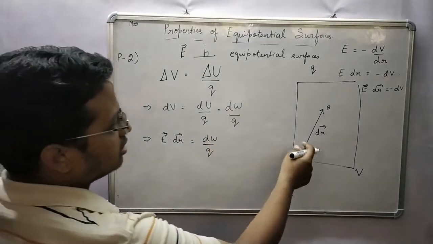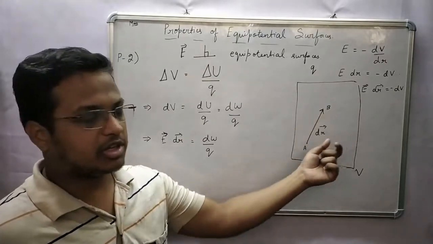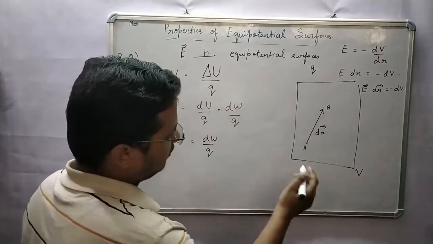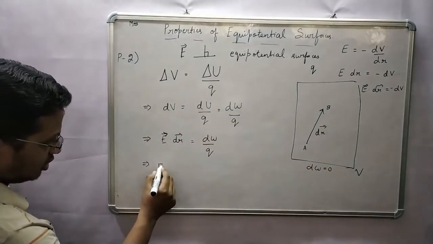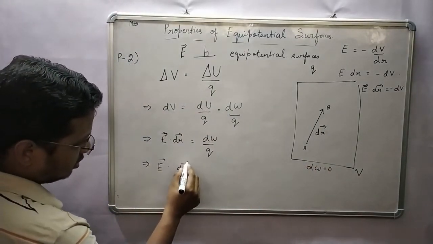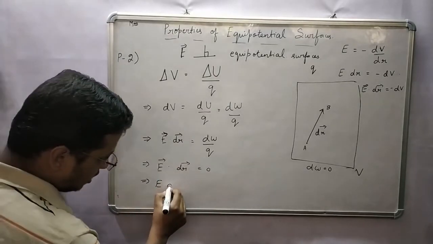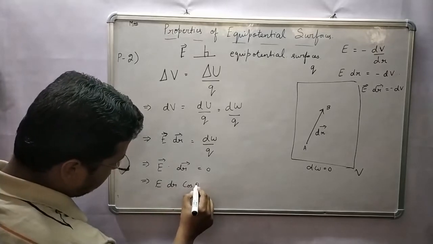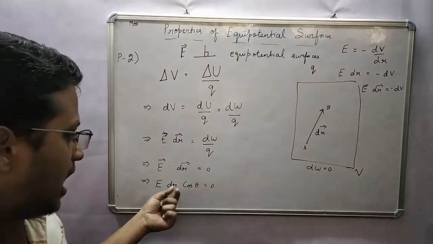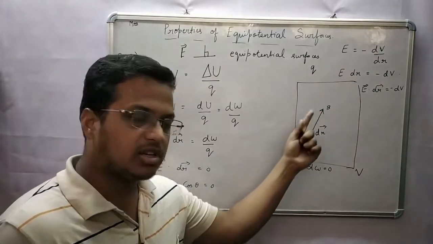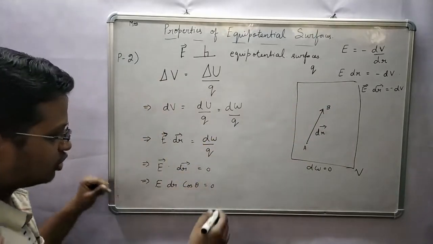Now since the work done for moving a charge on an equipotential surface is 0, as we have seen in the previous property, dW is 0. So E dot dr is 0. Now what does this mean? Dot means E dr cos theta is equal to 0, and as you know the electric field cannot be 0, and dr means this displacement, which is not 0, so cos theta has to be 0.